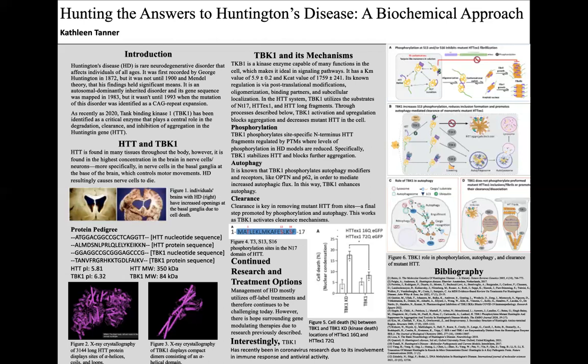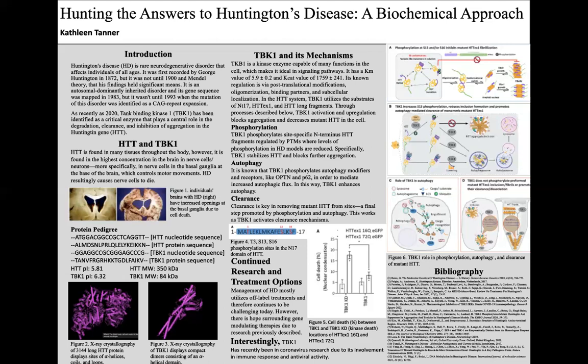So chorea is a neurological disorder and influences the involuntary movement and jerking of the body in the shoulders, hips, and face. So while there is a lack of significant treatment options available for Huntington's disease, there is, however, hope surrounding gene modulating therapies due to research just like the research I described, done on TBK1.